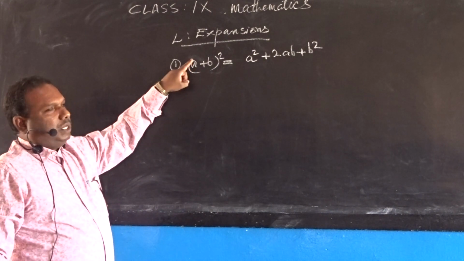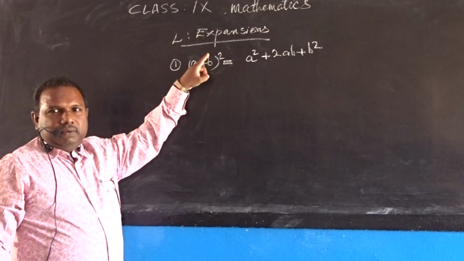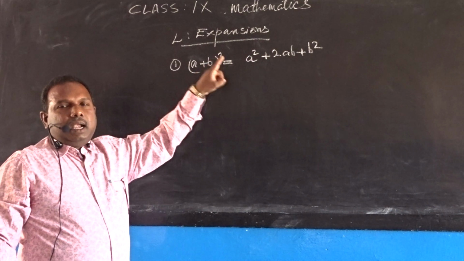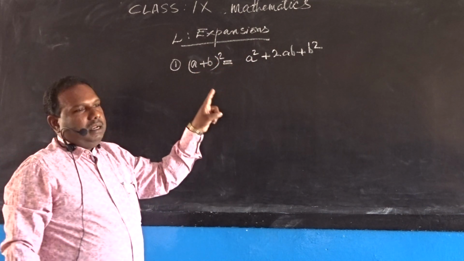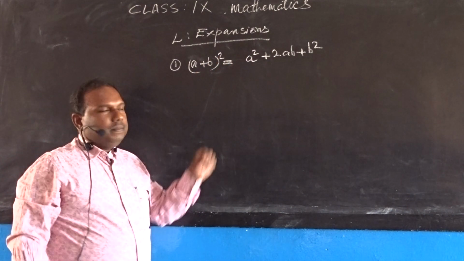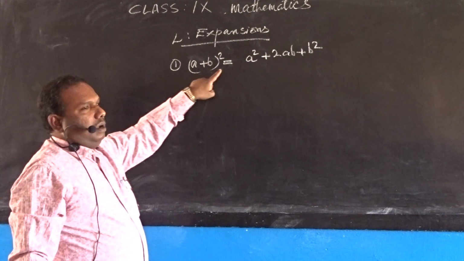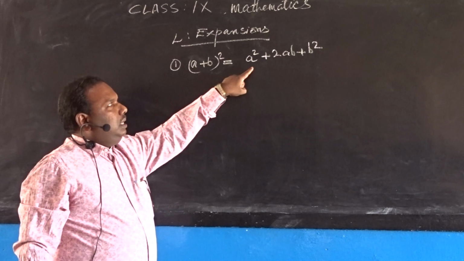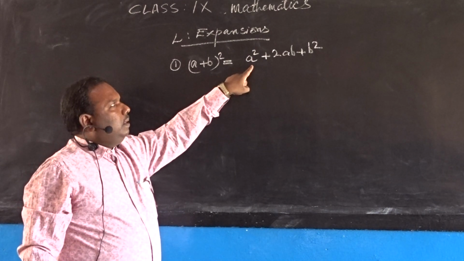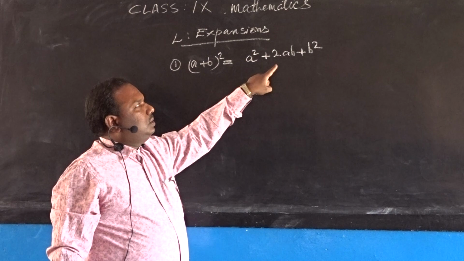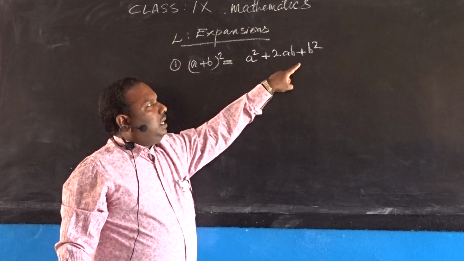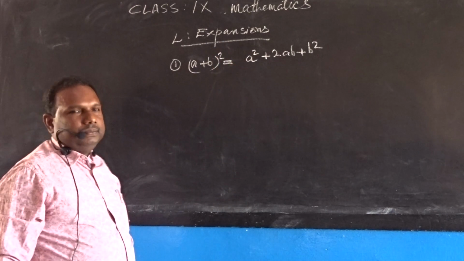Expansion is a process in which the contents of brackets are evaluated. Here, (a plus b) whole square is equal to a square plus 2ab plus b square.